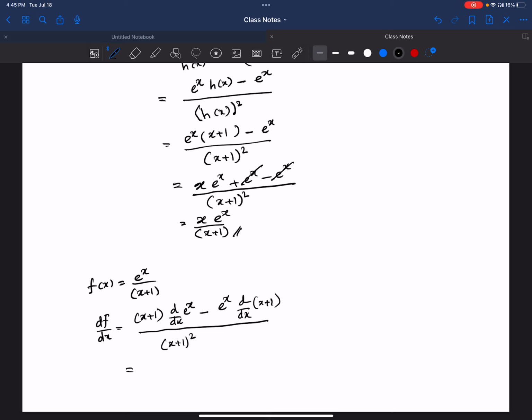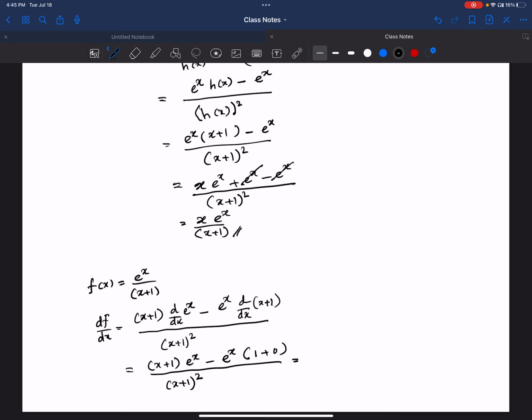And then you can do x times e to the power x, plus, I just need to write the extra step, plus 1 times e to the power x minus e to the power x. So this is just 1 plus 0, right? Divided by x plus 1 squared.